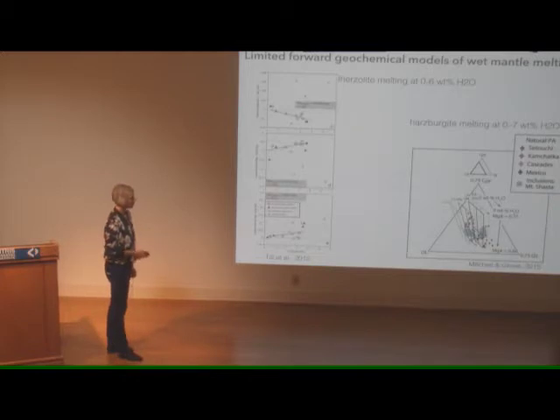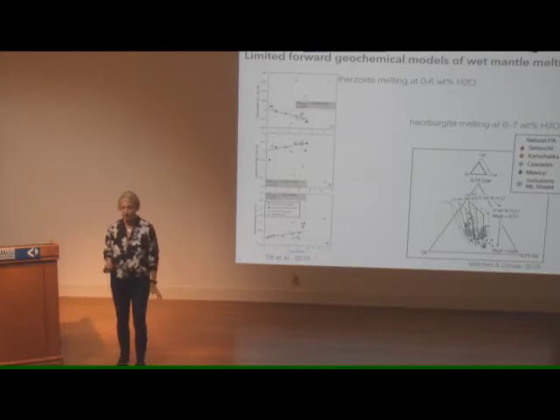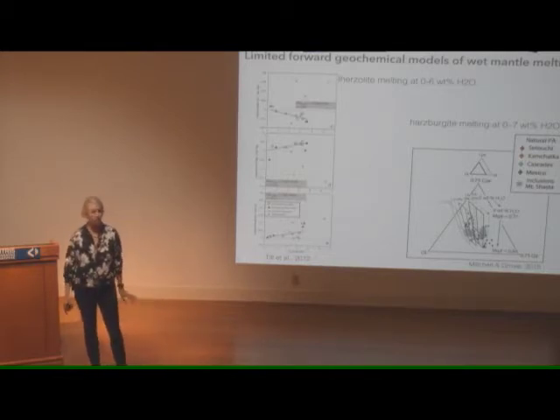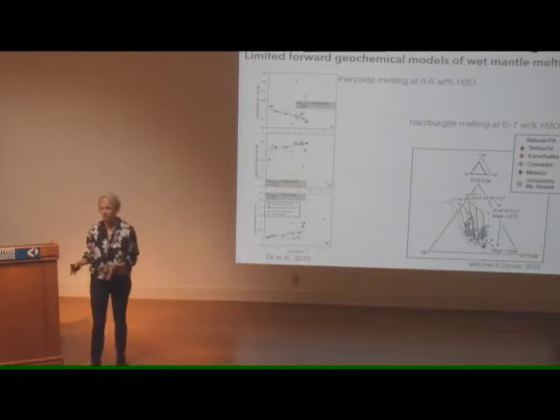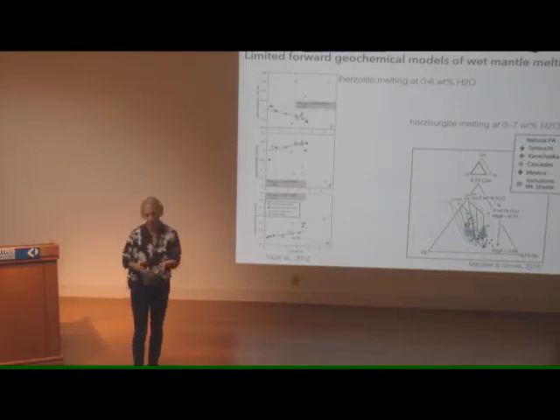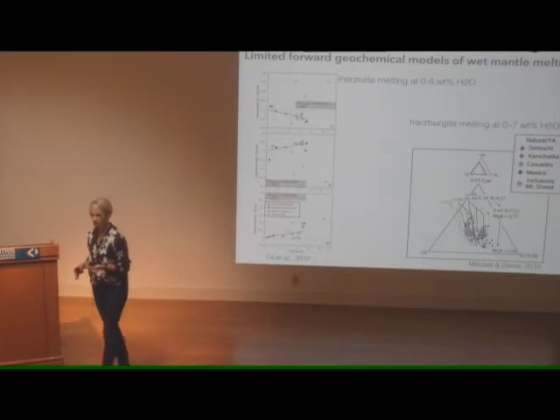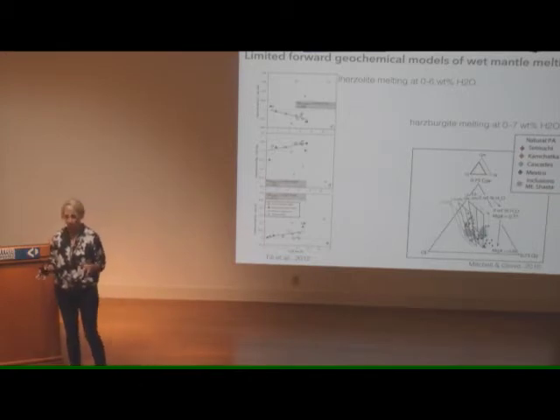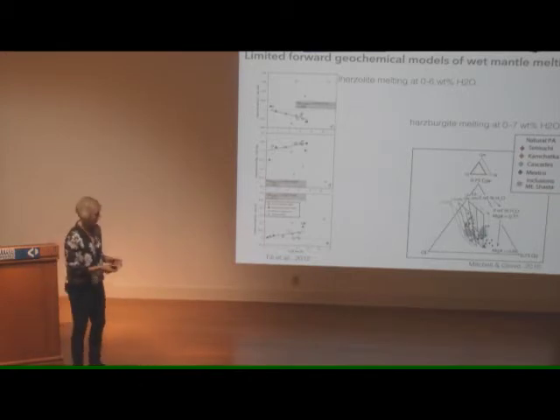So there's a forward model now for harzburgite melting, but that's really where we're at. If you really want to understand major element compositional variation and change variables like temperature, pressure, water content, bulk composition, we don't have one good model that does that at this point.